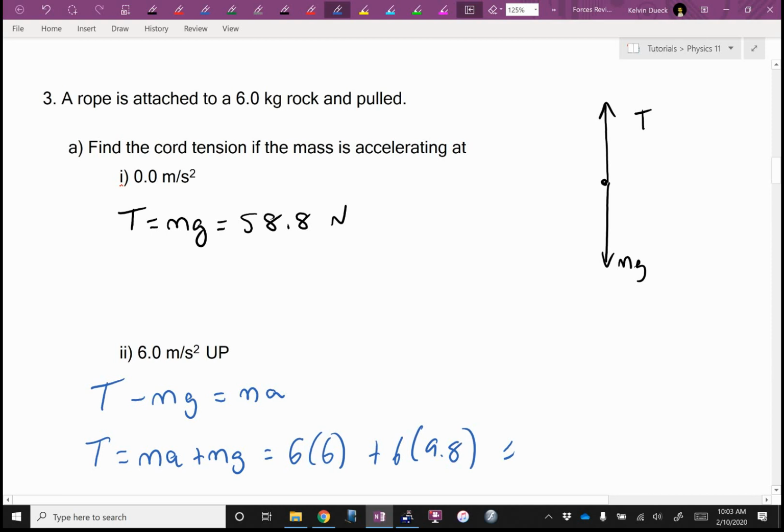Sorry? 94.8? Yes? Newtons. If we were accelerating down, which force would be winning? Gravity would be winning? And I think tension would be smaller.